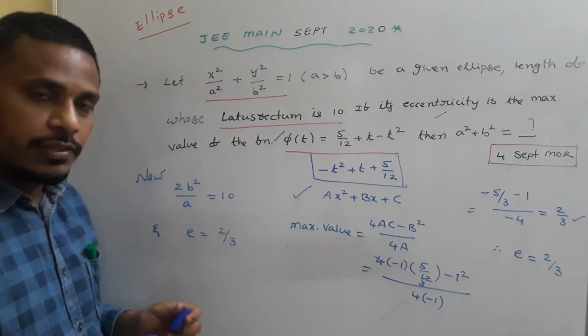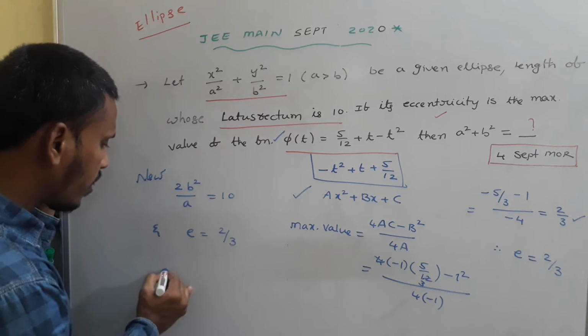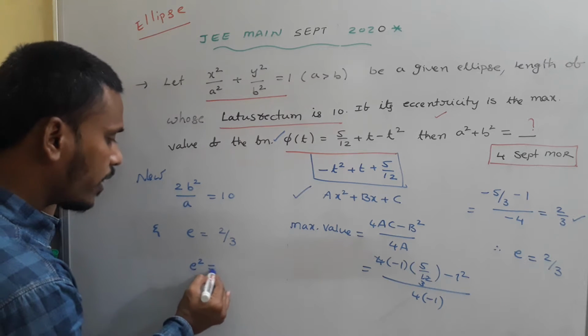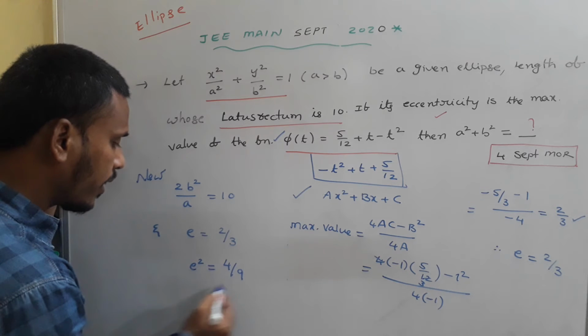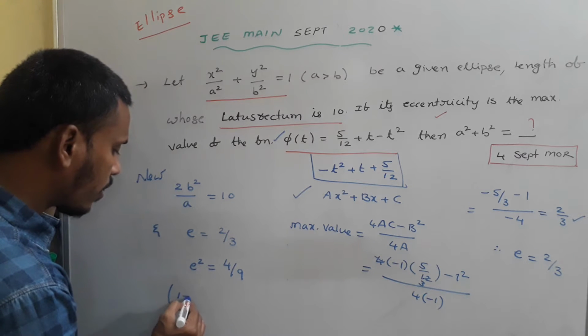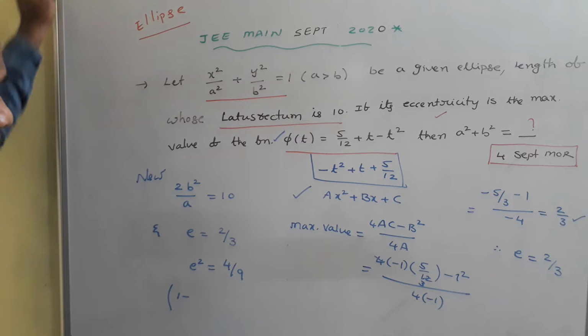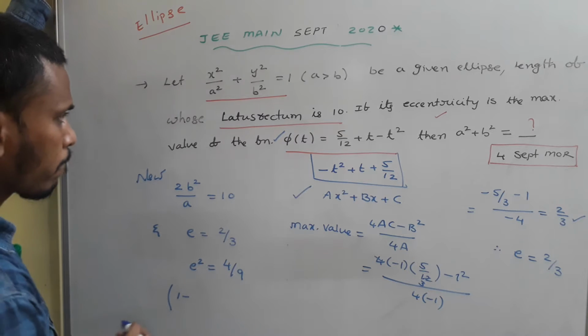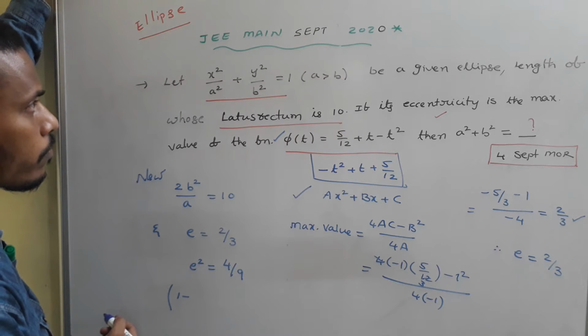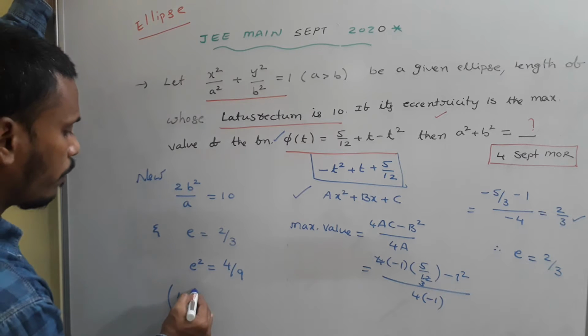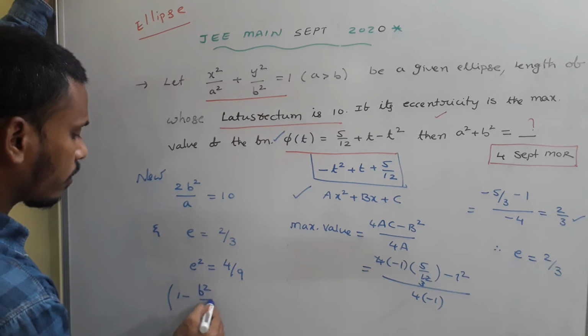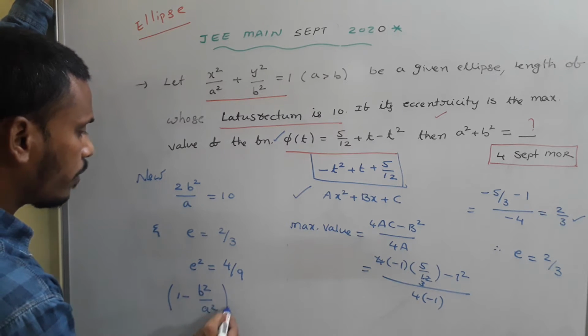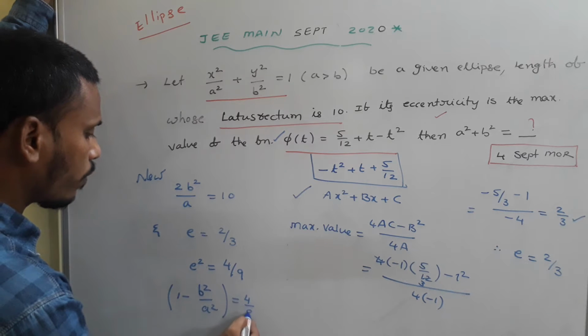What is eccentricity? For an ellipse, square it first. e square is 4 by 9, and that e square is 1 minus b square by a square. So 1 minus b square by a square is equal to 4 by 9.